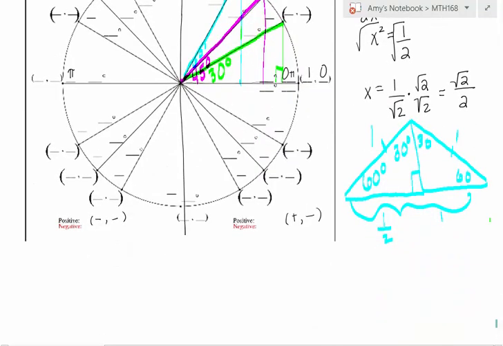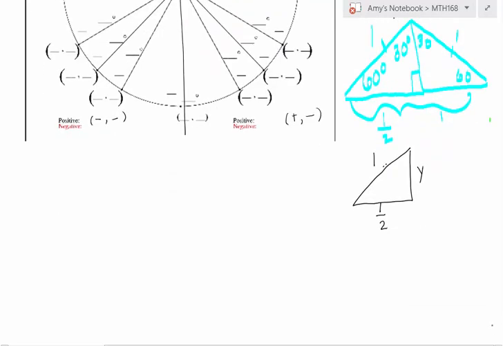So let's look at breaking this up a little bit. All right, so I have 1 here, I have a half here. I just need to figure out this y value. So using the Pythagorean theorem, I could figure out that y value. 1/2 squared plus y squared equals 1 squared. So that gives me 1/4 plus y squared equals 1.